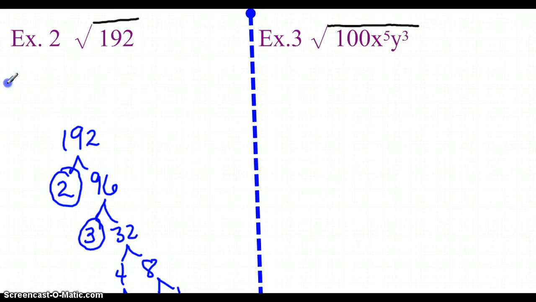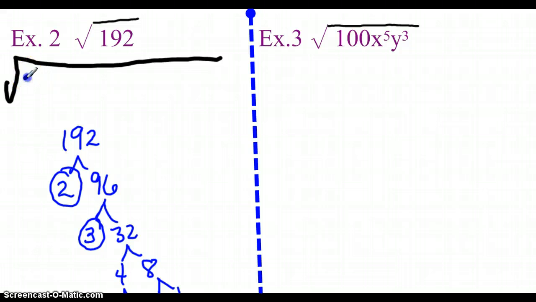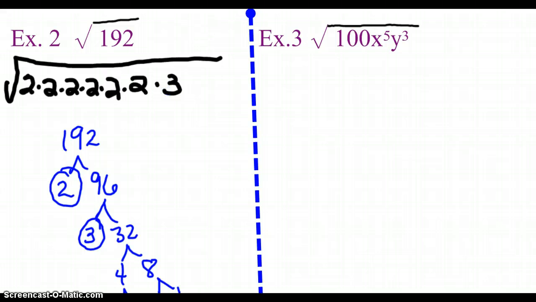So when I go back here to rewrite this, there's going to be 6 2's and a 3. Now remember, we look for our dates to the dance. So here's one pair, here's another, and here's another.